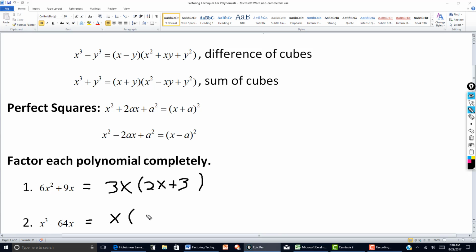If this had been 64x squared, then I would take the largest common factor in terms of powers, so I'd take out the x squared. But in this case, the highest power I can take out is just x. So this will leave me with x squared minus 64.